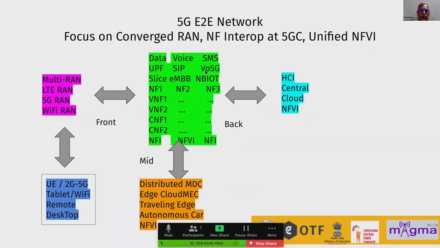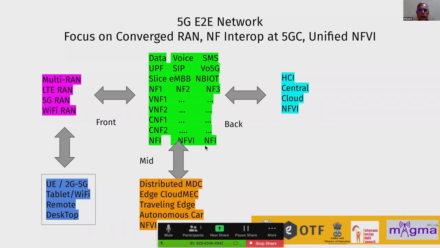That means anyone can talk to anyone and provide the services, which are ultimately data, voice, SMS, or whatever kind of digital experience you need. Now this can be done either through the local edge computing cloud or MEC, or it could be a traveling edge. For example, a car driving that has a data center type compute facility and communication facility, but all of them run over the common NFVI infrastructure.